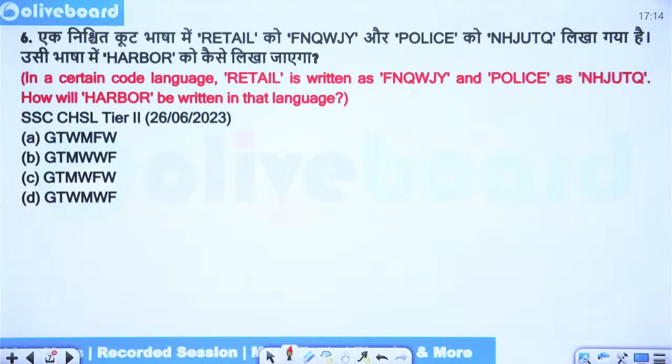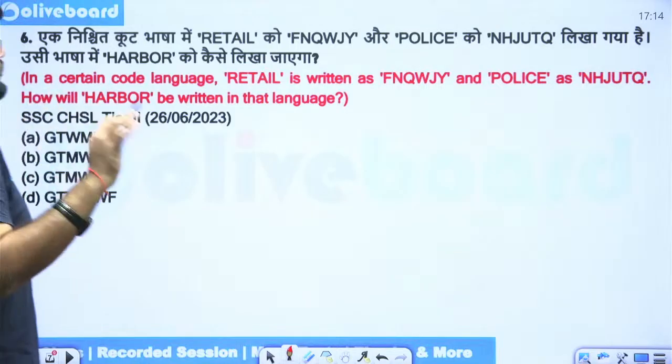Interesting. It's a very unique question. They are not directly related to what you will observe here.